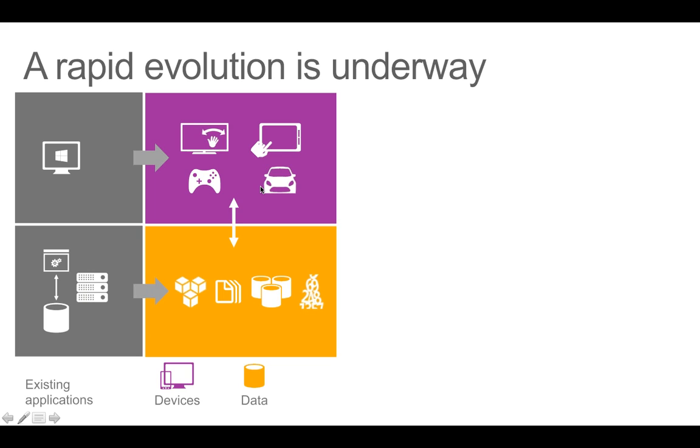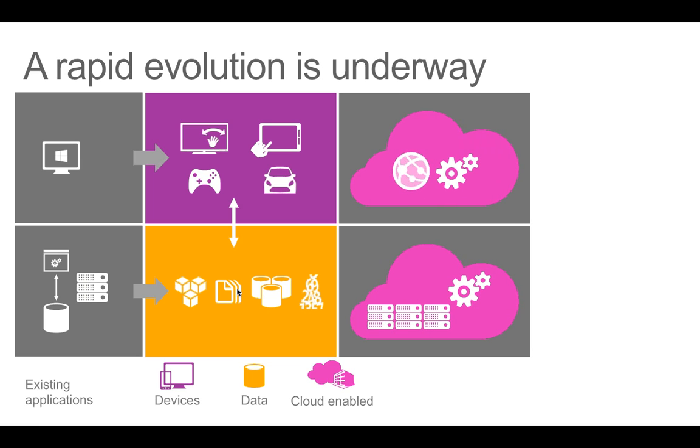It's also calling for enormous growth in data, and how that data can be leveraged, used, and consumed by this multitude of devices, and made cloud enabled so that anywhere, anytime, this data can be consumed.